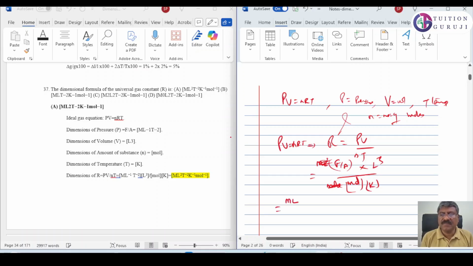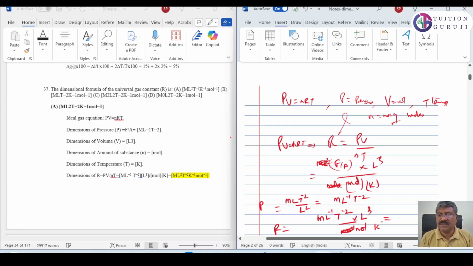So it is actually MLT^-2 divided by L squared. What is it? This is actually pressure. It's equal to ML^-1T^-2. Okay. So R will be ML^-1T^-2 into L cubed, divided by mole Kelvin.